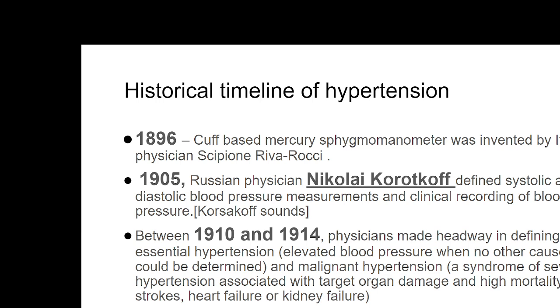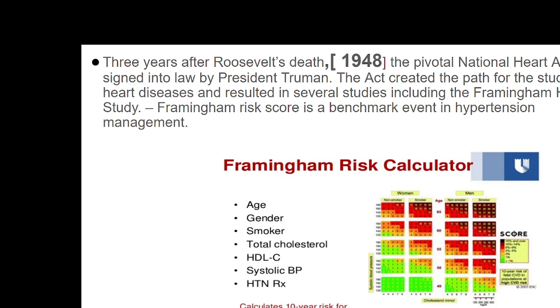Considering hypertension as a disease with a possibility of organ damage was established only in that period. The real assessment of hypertension and its risk was standardized only in 1948, which is just 70 plus years ago.